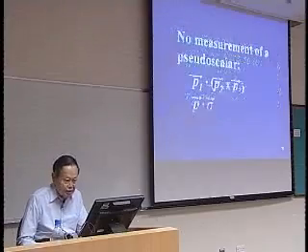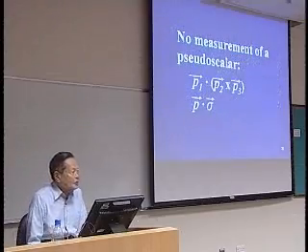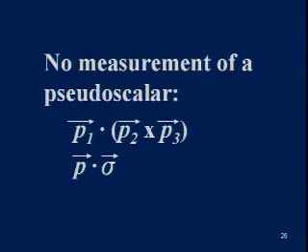But when we examined in detail, we found that the previous belief that parity was conserved in nuclear decays was in fact not founded. Why was it not founded? It was because up to then, all the beta decay experiments, hundreds of beta decay experiments, did not measure a quantity which is a pseudoscalar. What is a pseudoscalar? These two are examples of pseudoscalars: P1 dot P2 cross P3 and P dot sigma.